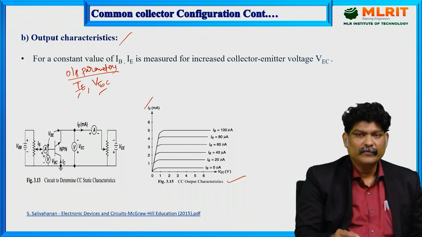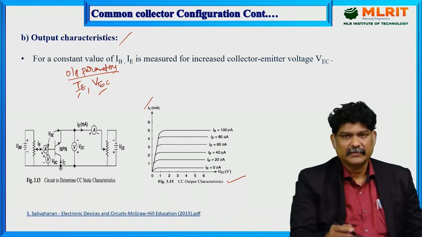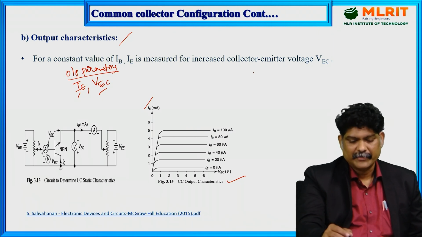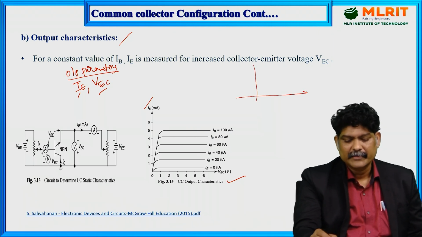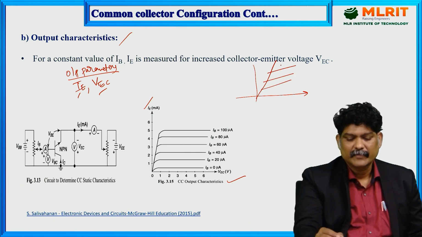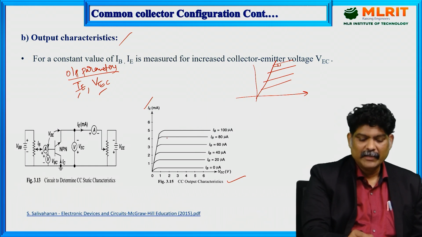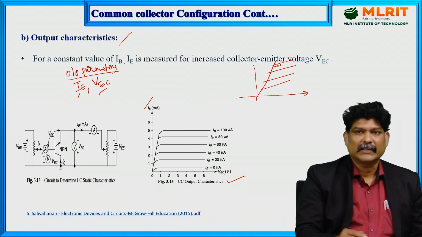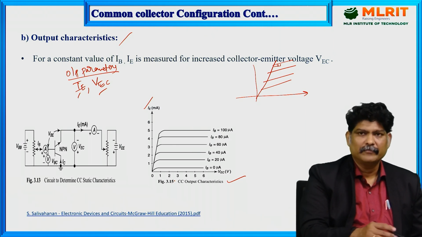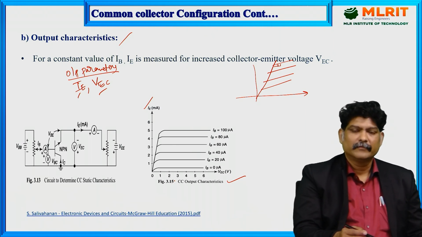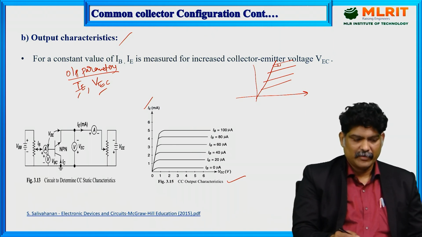If you compare these characteristics with the common emitter configuration, in common emitter you will have some slope across the curve, whereas here it is approximately parallel to the x-axis. Initially it is almost the same as in the case of common emitter configuration.